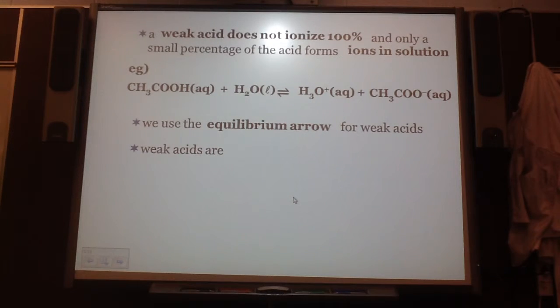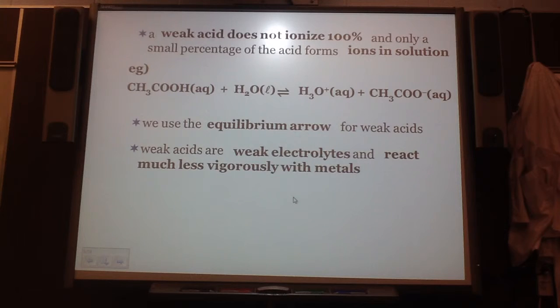Flip your page. Weak acids are weak electrolytes, and they react much less vigorously with metals.